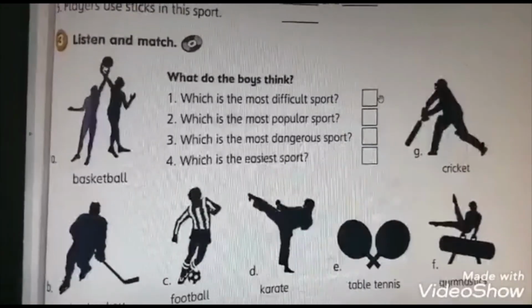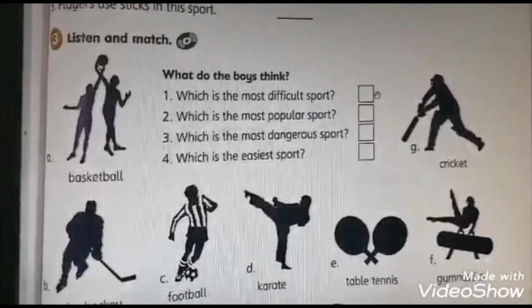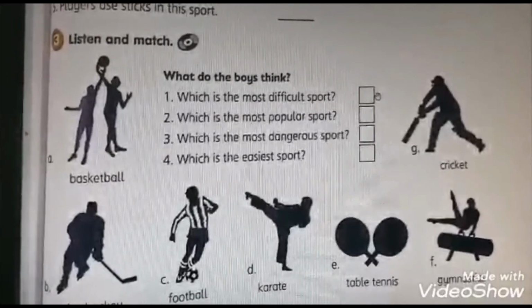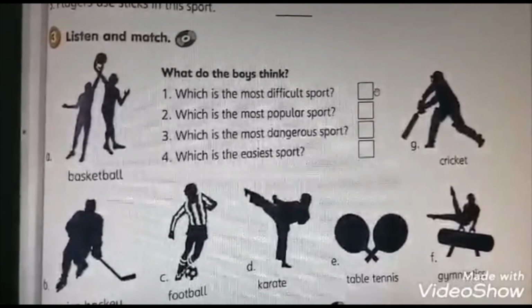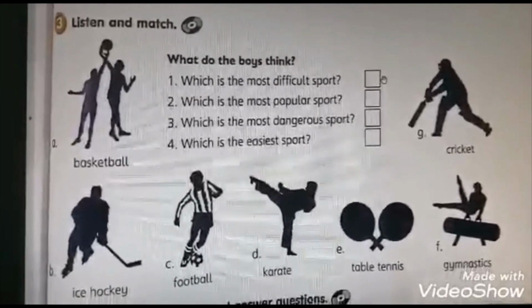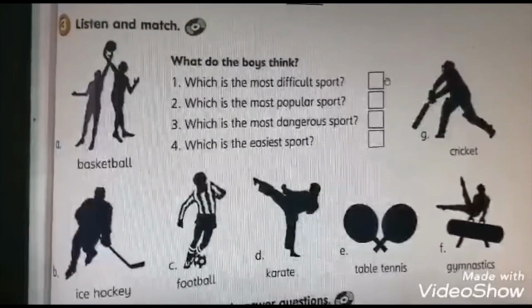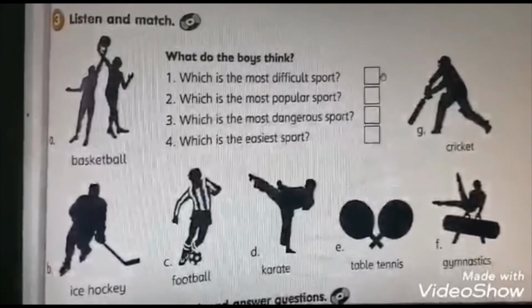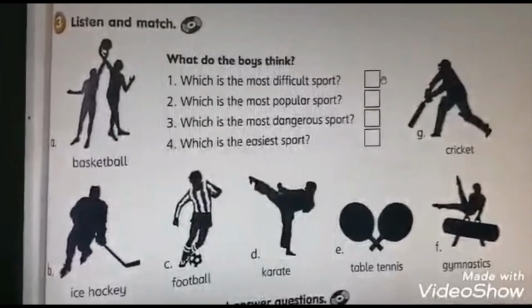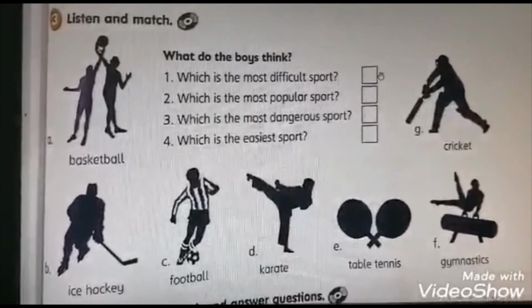Listen and match. Hey Jeff, look at this. I got it from the sports centre. Now we can choose a sport to do. There are so many different sports lessons. They have basketball, table tennis, hockey and football lessons.